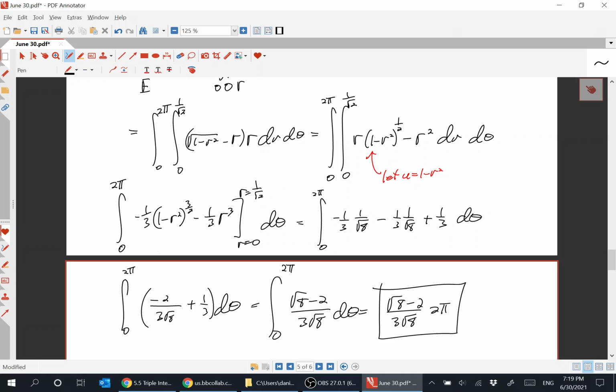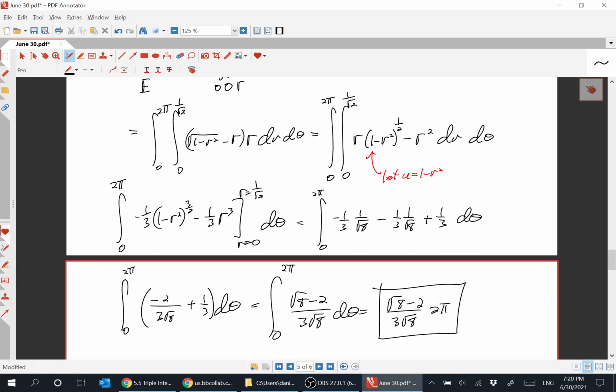that solid underneath the sphere and above the cone. Well, this is interesting.